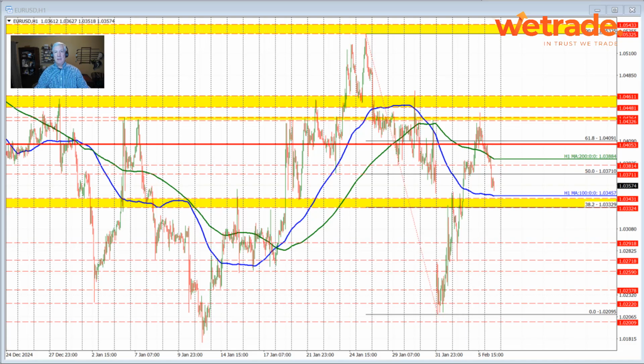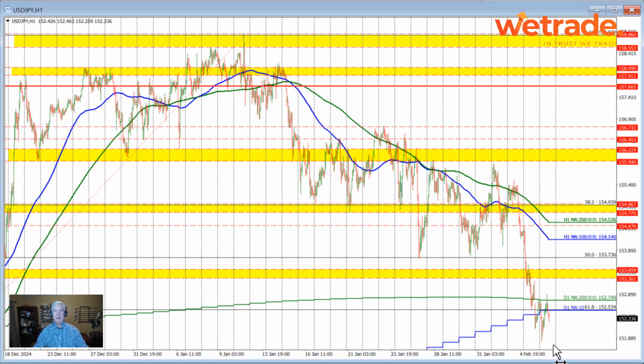Taking a look at the dollar versus yen next, I mentioned that this currency pair has seen down and up trading. The down came earlier in the session with the price holding below the key 200-day moving average. The 100-day moving average is just below it right here.